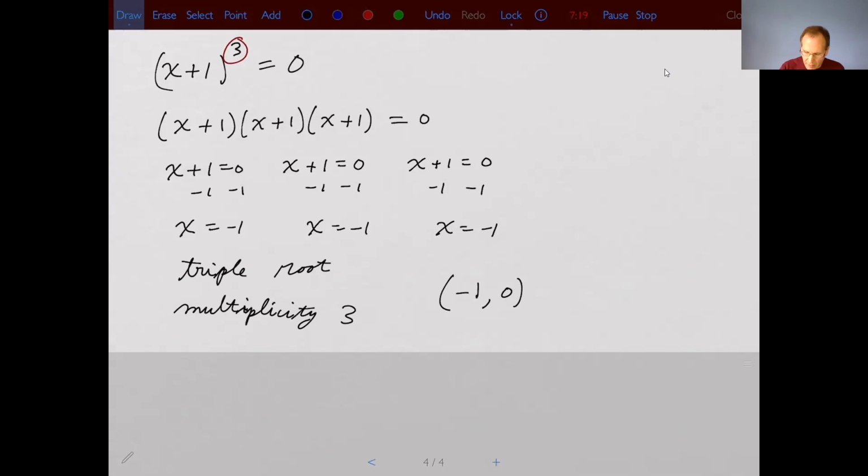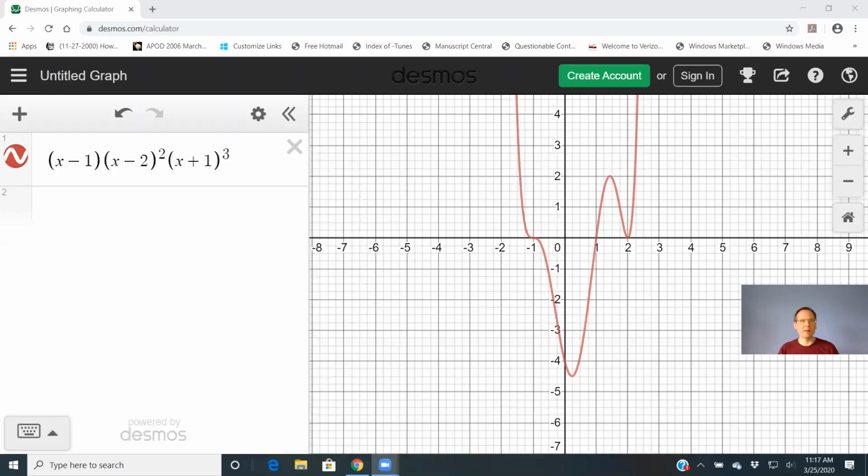Okay, so let's look at how this appears on the graph. Here is the graph of that polynomial function that we were just talking about.